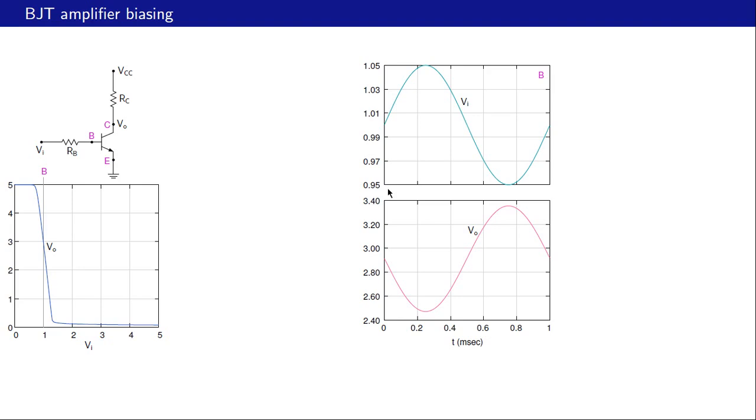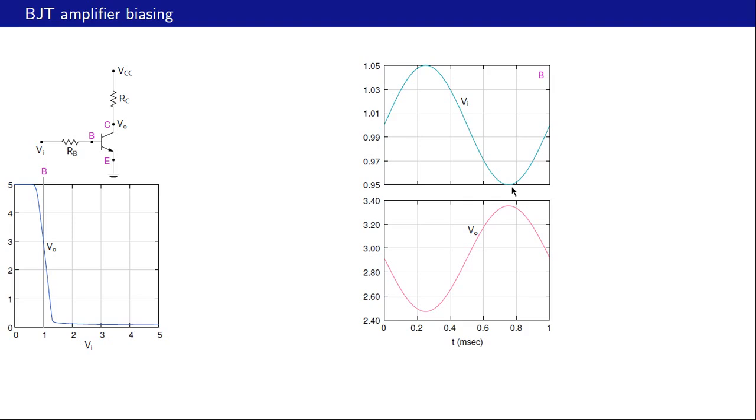What about the output voltage? Here is the output voltage. The first thing we notice about the output voltage is that it is out of phase with Vi. There is a phase difference of 180 degrees between Vi and Vo, and that is easy to understand. As Vi increases, Vo decreases, and that is why dVo/dVi is negative, and that is reflecting basically in this phase relationship between Vo and Vi.